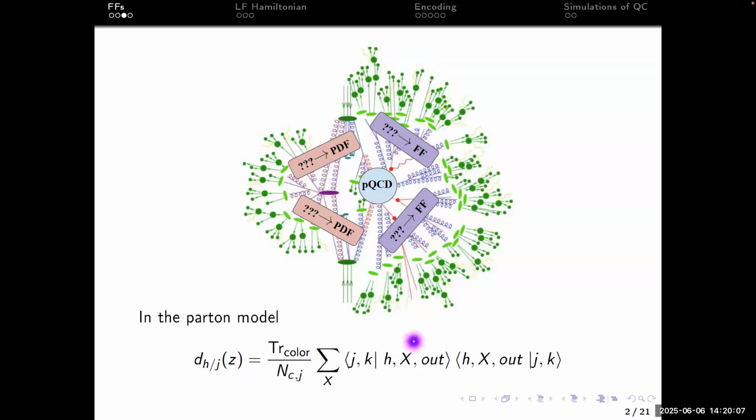So this is a dynamical quantity, which cannot in principle be treated on the lattice, because they are defining different light cone times. Like the PDF depends on x, these fragmentation functions depend on z, which is the plus momentum fraction of the hadron relative to the initial parton.